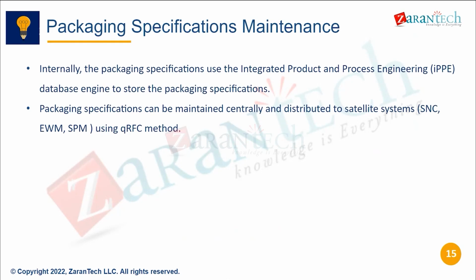If we have such scenarios, then automatically, based on your packaging specification, the handling unit, as I told you, can be created in any other system also. And the same handling unit number and packaging details we need to use in the EWM system. In that case, we'll just maintain such settings or such packaging materials in the EWM system, and we'll reuse them as they are, whatever we get from the internal or external system.